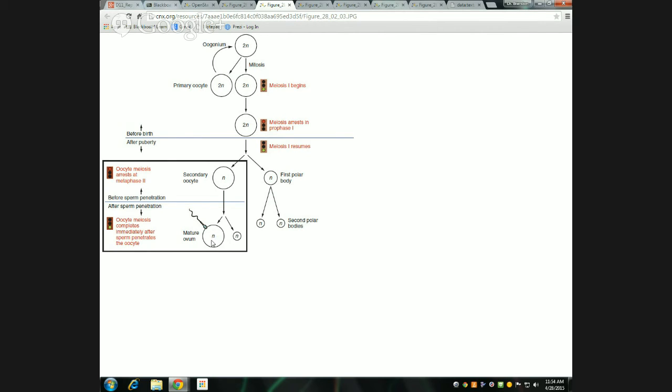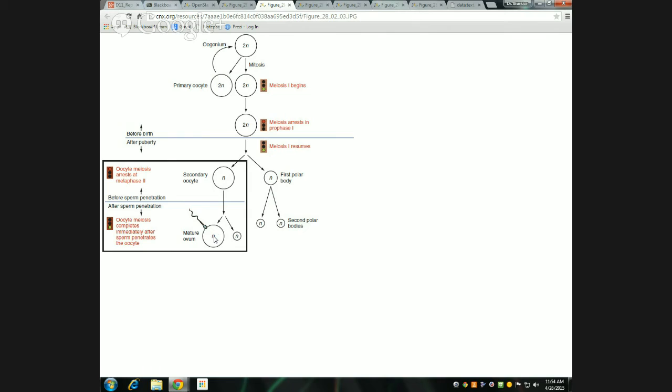At this point, we still have the nucleus in the egg cell represented by N for being haploid. The sperm cell is also haploid. We're not looking at sperm production in this picture, but the haploid nucleus of the sperm and the haploid nucleus of the egg cell, when they come together, make a diploid cell, a fertilized egg cell.